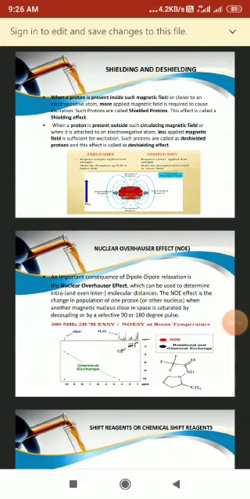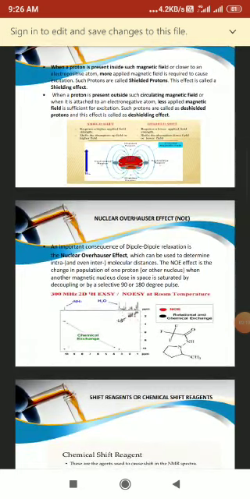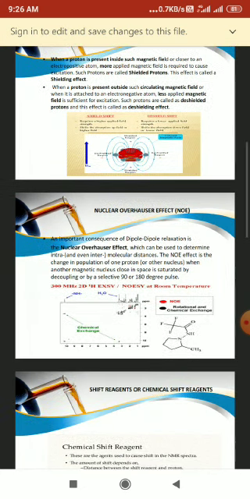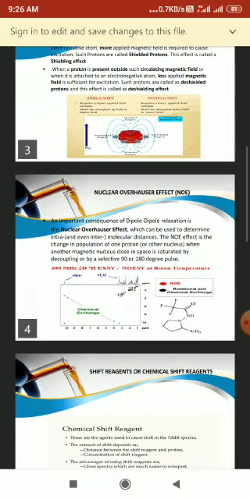Now we will see the nuclear Overhauser effect, which is called NOE. Magnetic nuclei also interact through space, but it does not lead to coupling. The interaction is seen when one of the nuclei is irradiated at its resonance frequency.